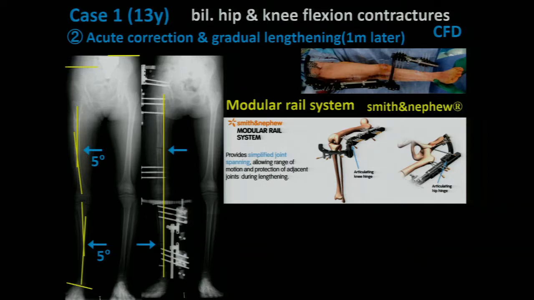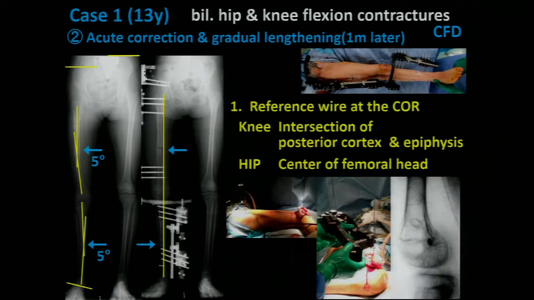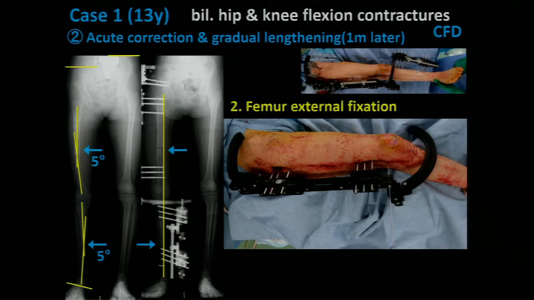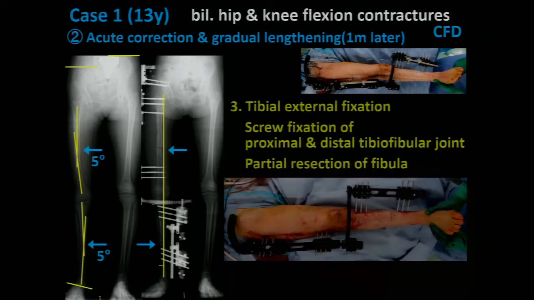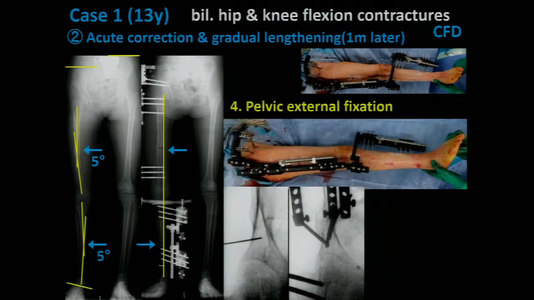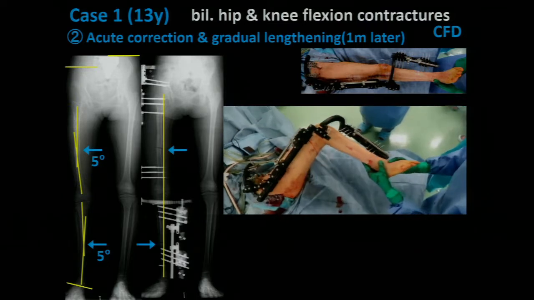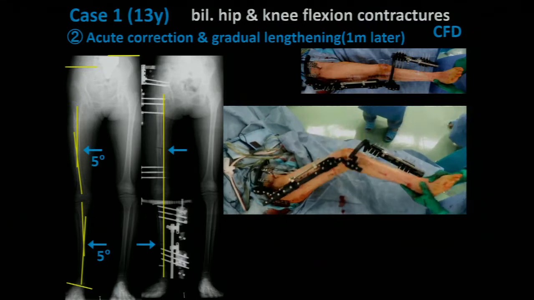The knee joint and hip joint can move using this fixator, and it can combine the Ilizarov and Taylor Spatial Frame. First, the knee point was decided, and next the femoral external fixation was applied, tibial correction was performed, pelvic screws were placed, and an extension bar was placed to prevent recurrence. As you can see, the hip and knee joint move smoothly.